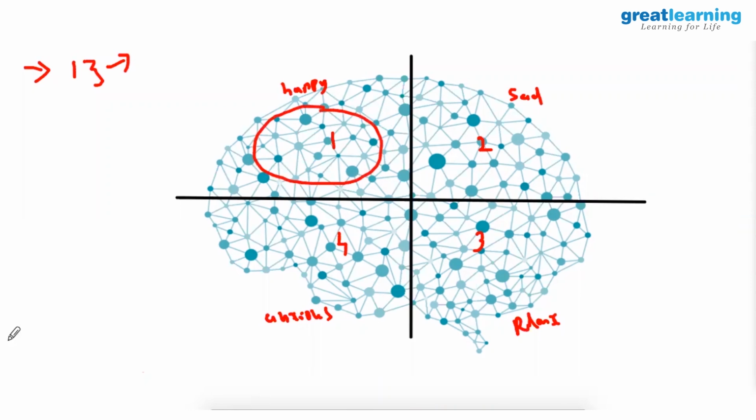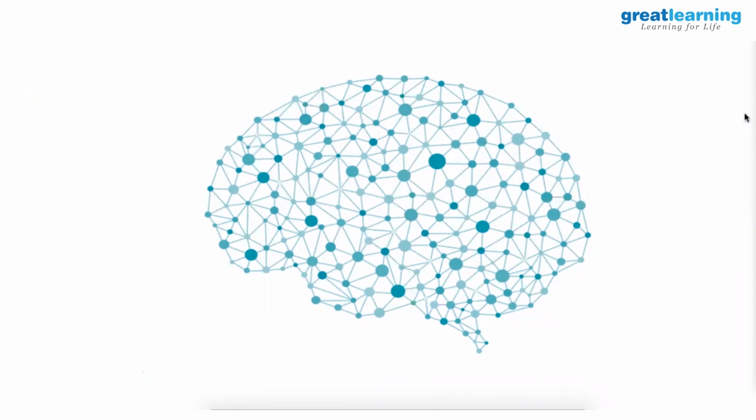Please remember, a neuron can be activated and a neuron can be deactivated. That means in the happy phase, all of these will be deactivated. They don't continuously keep running. The electrical signal is sent from one to another only in certain trigger situations. So this is the theory behind why we use neural networks.